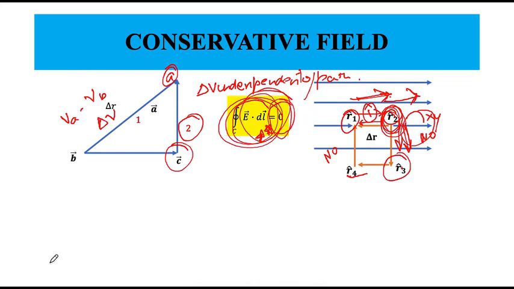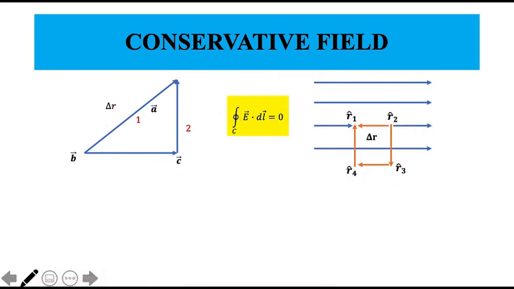This is very important, and any field which satisfies this criterion is called a conservative field. So we have conservative fields, which have the property that the closed path line integral is always equal to 0.